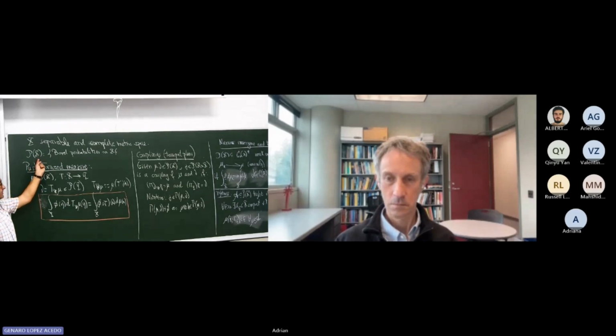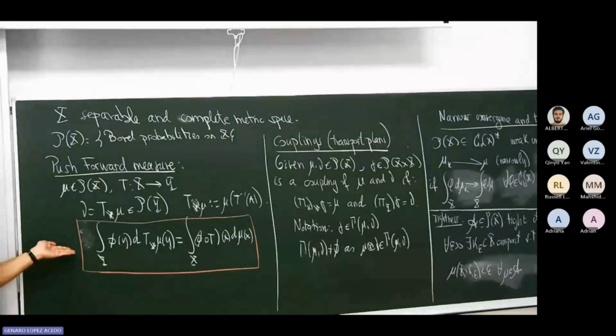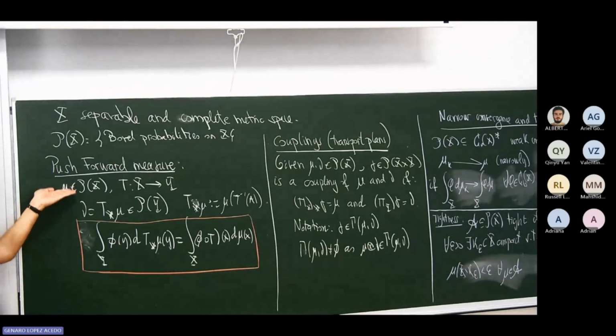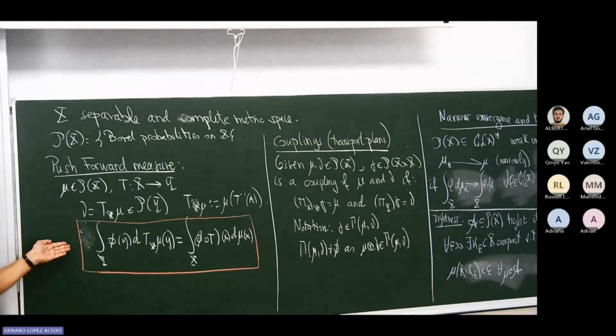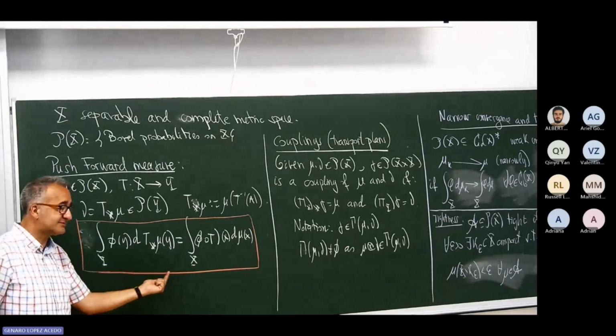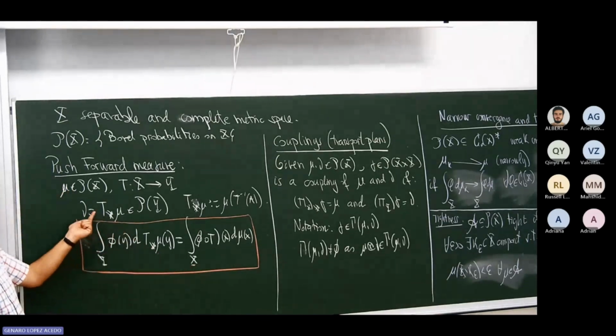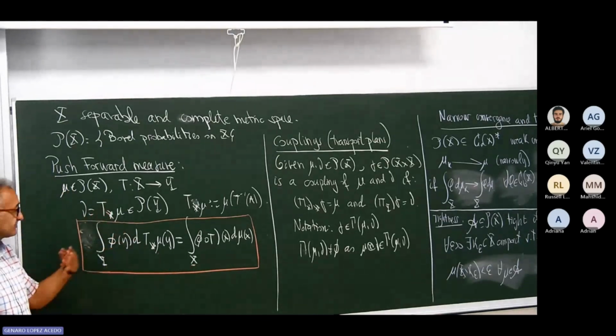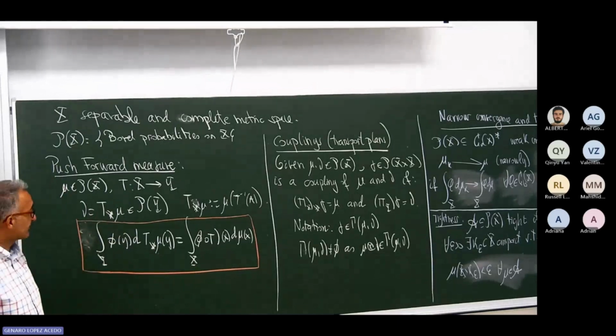We're considering the Borel probabilities on X. And a very important element in all this theory, we already had the chance to check that last week, is the notion of push-forward measure. We will be using it a lot. It will show up a lot today too. And we have this kind of change of variable with the push-forward measure that also happens in this story all the time.